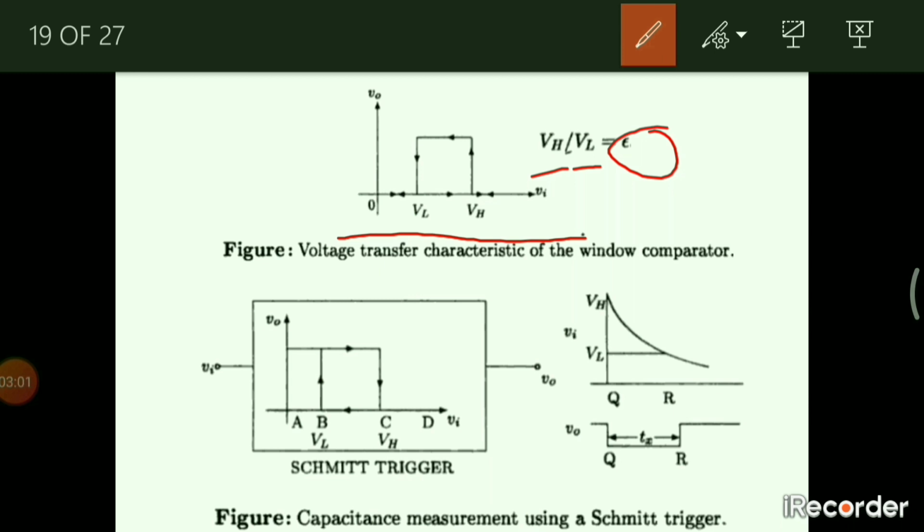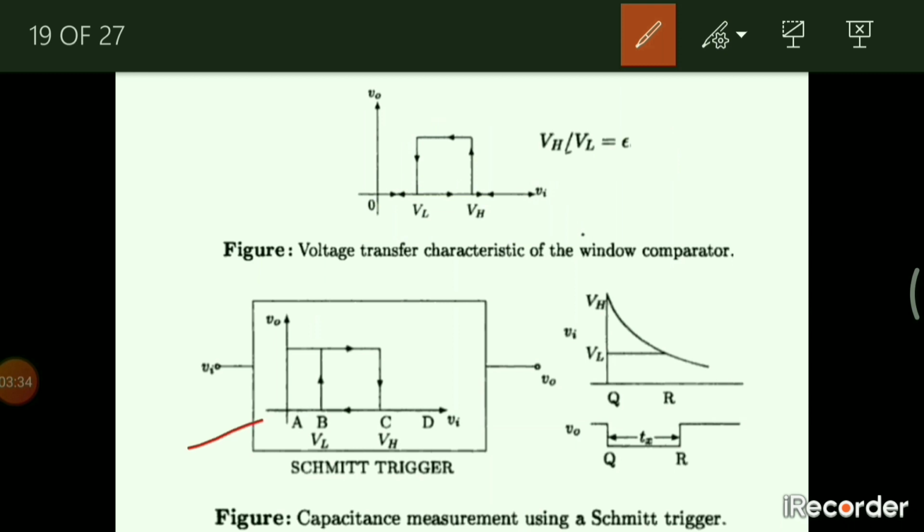At the starting, as the waveform rises from 0 to max, the waveform is like this, and when it is discharging, it goes from VH to VL like this. So here we obtain a window. By using comparator, we could find out how much discharging time is required.